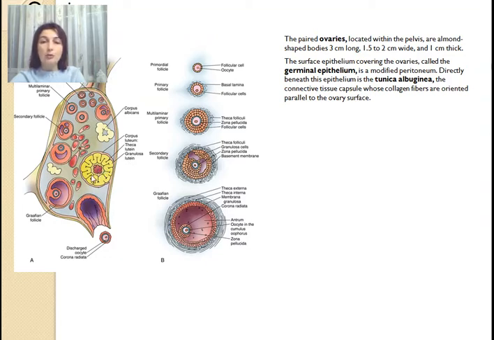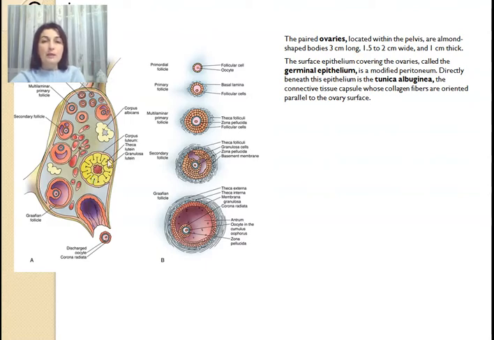The yellow body will continue its functioning till the 5th month of pregnancy, and in that case the yellow body is called the yellow body of pregnancy, and it is necessary to produce progesterone and estrogens, the hormones that are needed for the maintenance of the pregnancy.